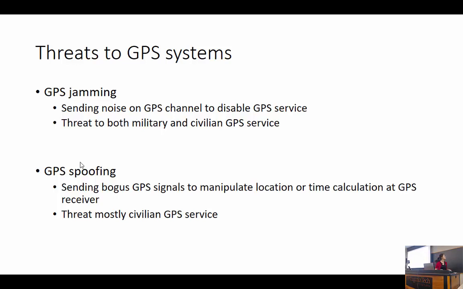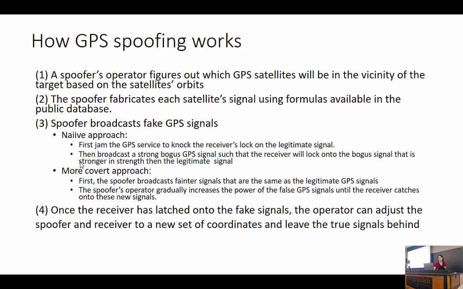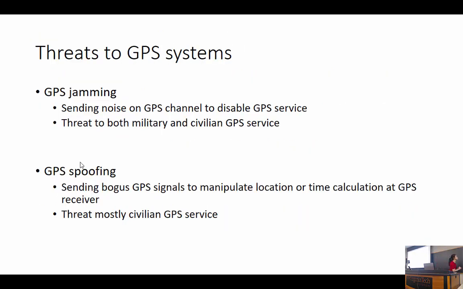So for all those reasons, you can see that these two types of attacks pose a severe threat to GPS systems. And in my talk, I'm going to mostly focus on the GPS spoofing part.